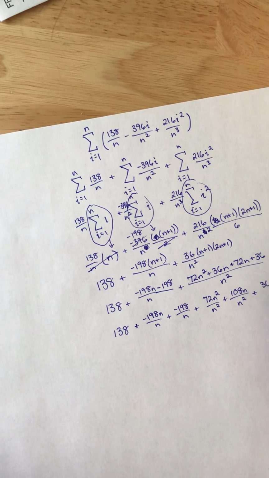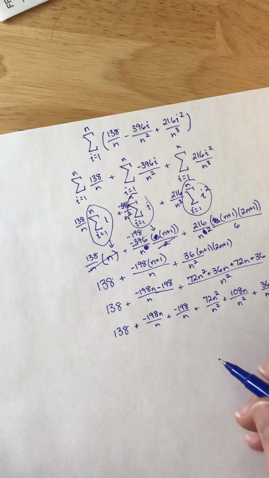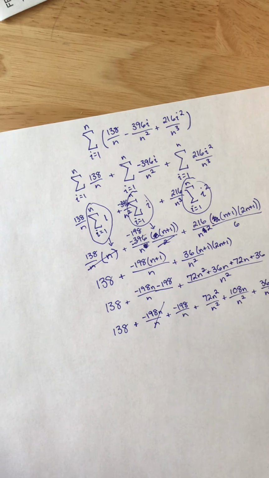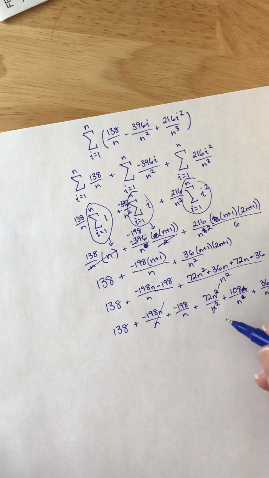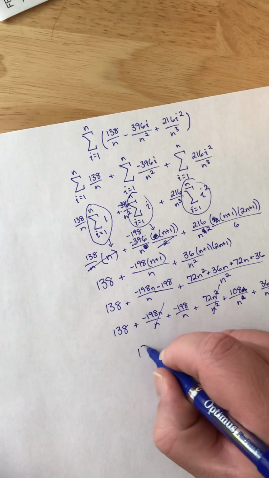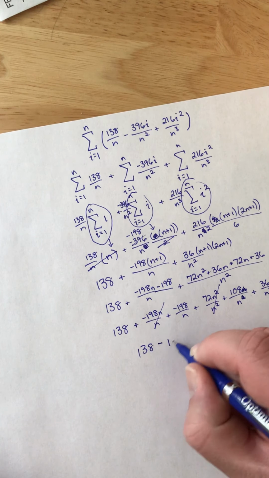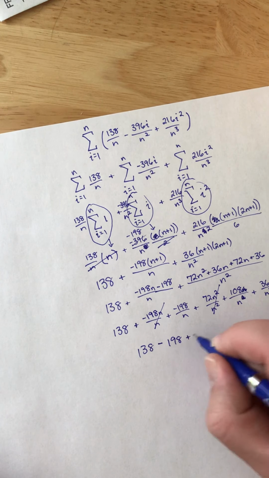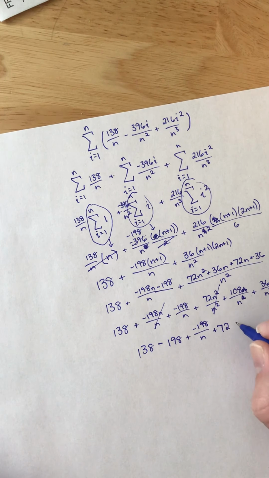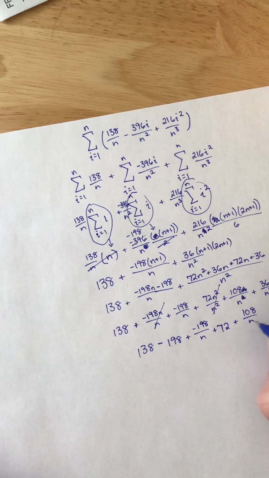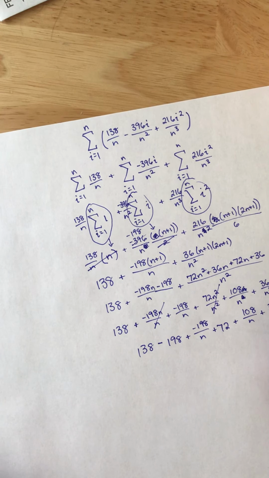And then I'll do 36 over n squared. Again, I'm going to work on simplifying these n's down. So that's going to be gone. That's going to be gone. That n turns that from an n squared to an n. So let me write this down. 138 minus 198 plus negative 198 over n plus 72 plus 108 over n plus 36 over n squared.